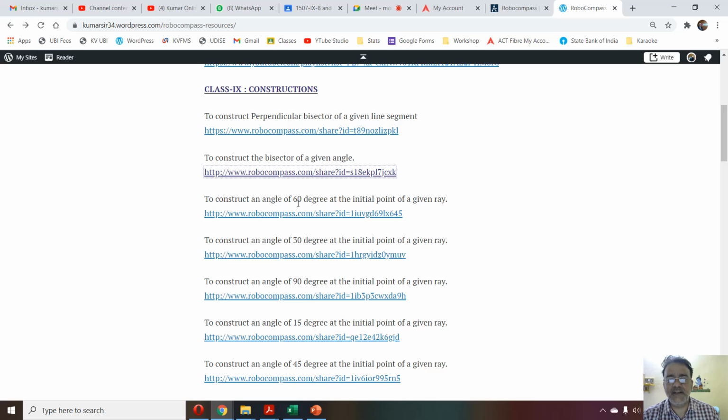To construct an angle of 60 degree at the initial point of a given ray.